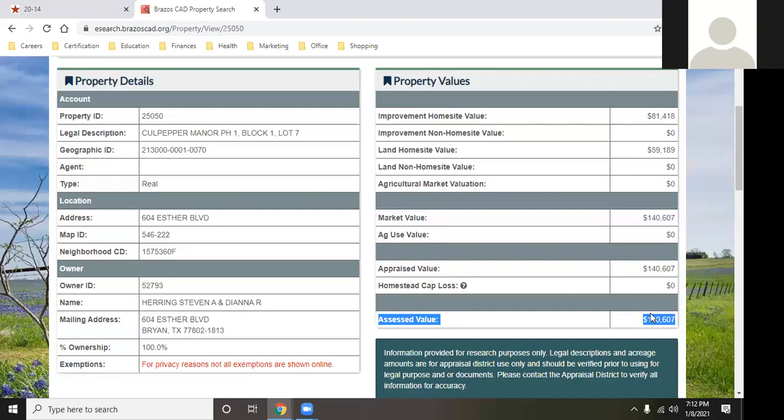He knows it's worth $200,000, but he's going to only show in the tax records it's only worth $140,000. That's why I tell people a lot of times, if you see a property listed at $145,000 and it's at $140,000, that property most likely is going to be closer to maybe $180,000 to $200,000, and whoever's listing it doesn't know what they're doing.